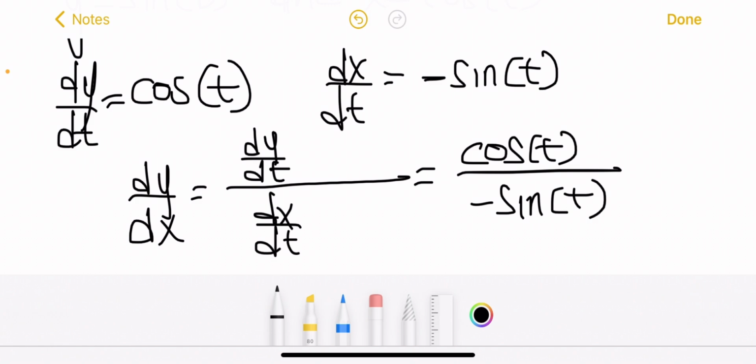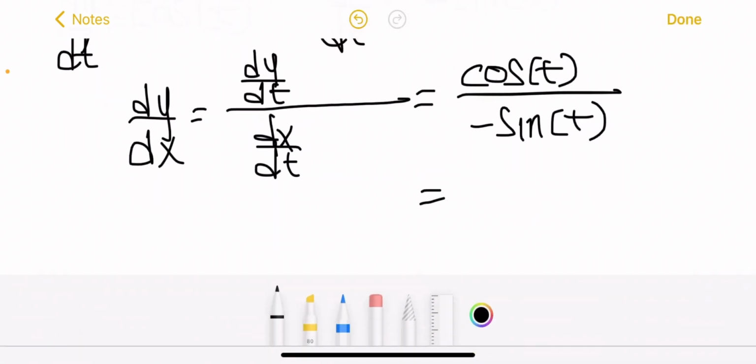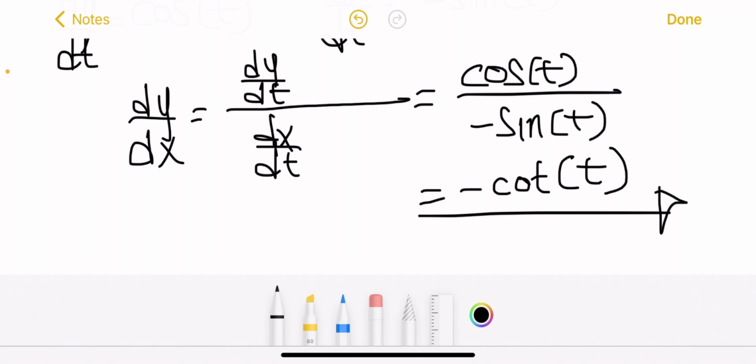So how can we simplify cos t over negative sine of t? We know that sine over cos is equal to tan. So what will be cos over sine? This will be equal to negative cot of t. So this is your dy over dx. Understood?